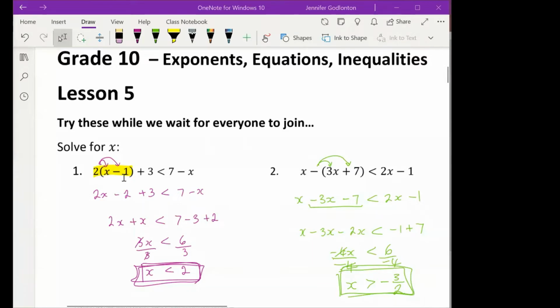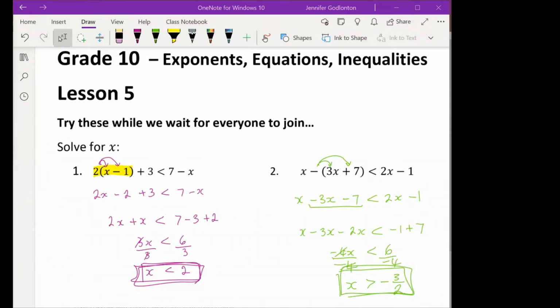From the second step, there's x minus 3x minus 7. Since it's x minus 3x, don't you say 2x minus 7?